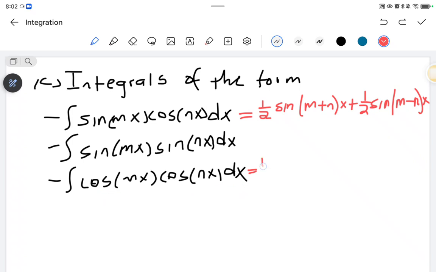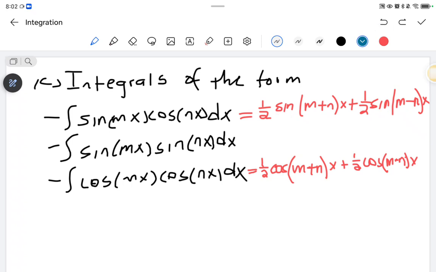So this will be 1 over 2 cos of (m plus n)x, and then I add 1 over 2 cos of (m minus n)x. The difference between the two is that we change this only.